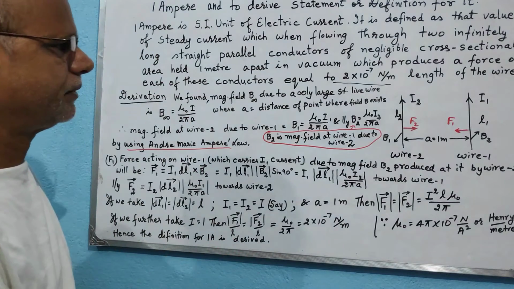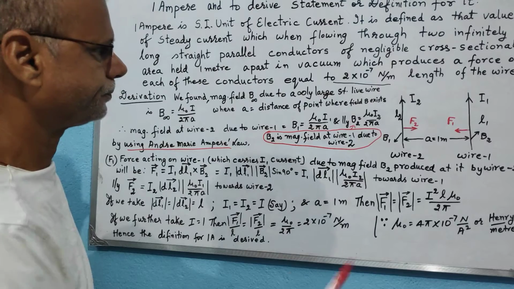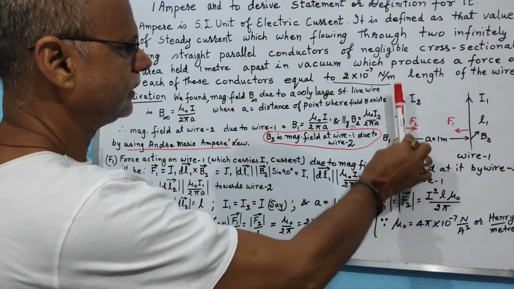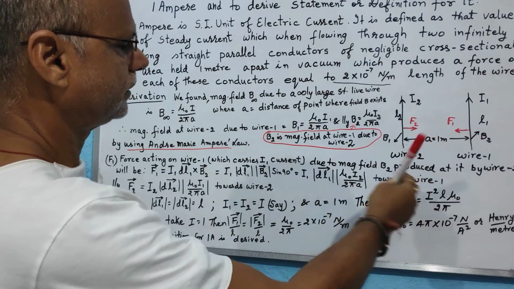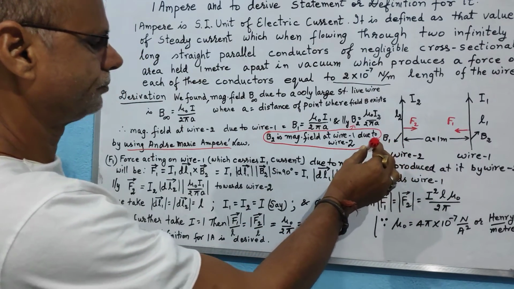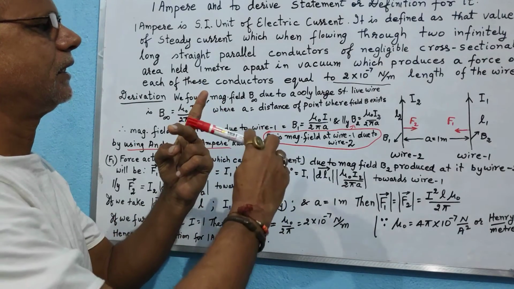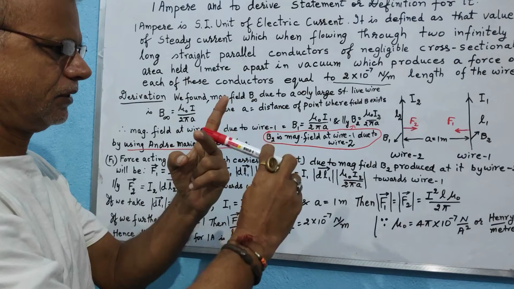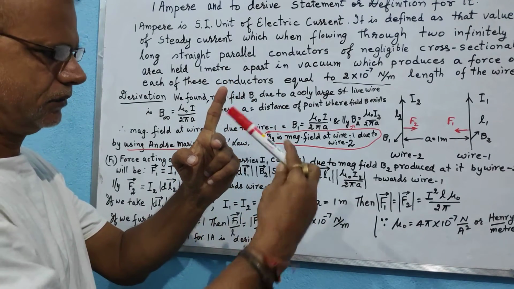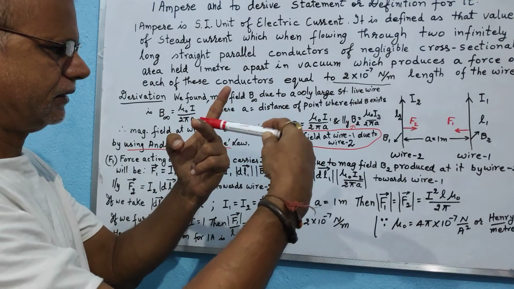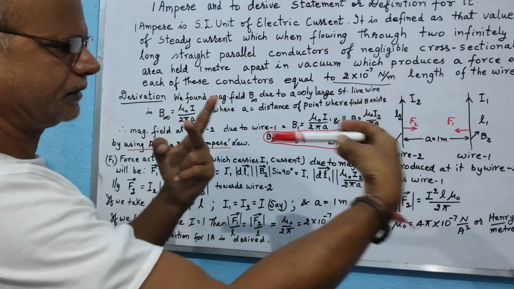Now how this happens, you can again apply this relation dL cross B. dL2 is vertically upward, and the magnetic field due to this will be towards you. So in this case dL2 is along this direction, and B1 is towards you, and now you place the screw and move it from dL to B. It opens up.